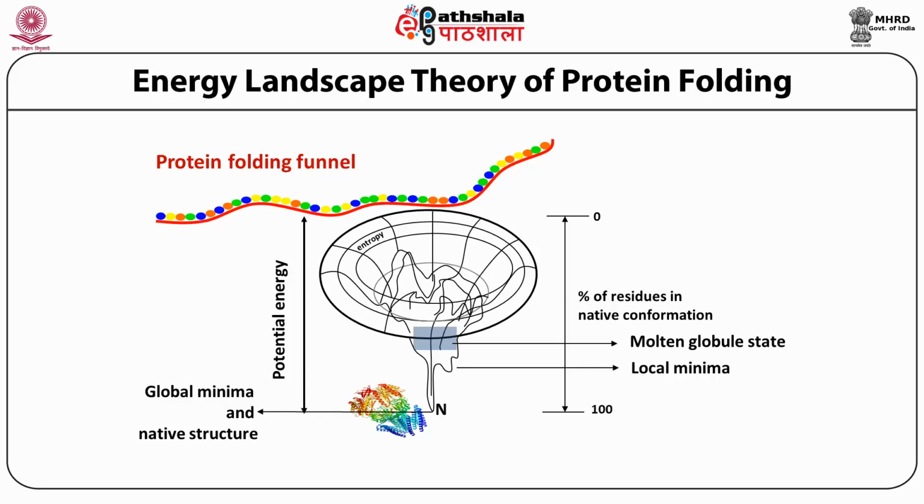The molten globule state, which is shown slightly above the native state, as predicted by the folding theory, is an ensemble of folding intermediates. It corresponds to a protein in which the hydrophobic collapse has occurred, but many native contacts, or close residue-residue interactions, are still to form.